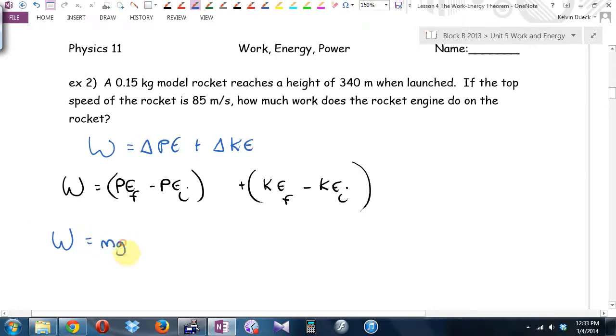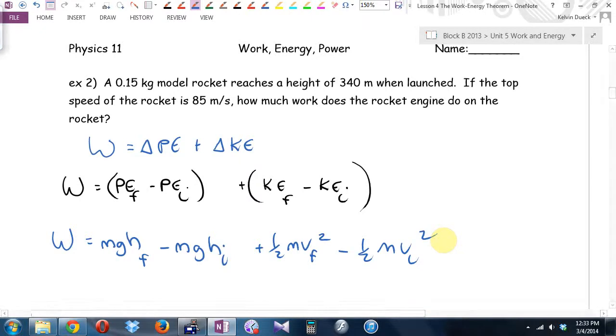I guess this is going to be mgh final minus mgh initial plus a half mv final squared minus a half mv initial squared. Is that okay?